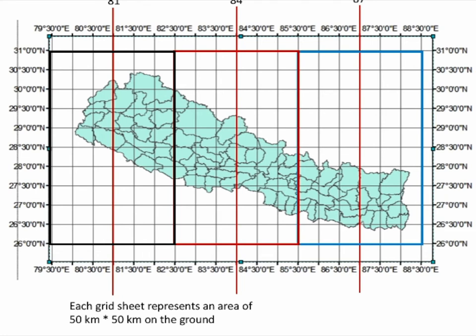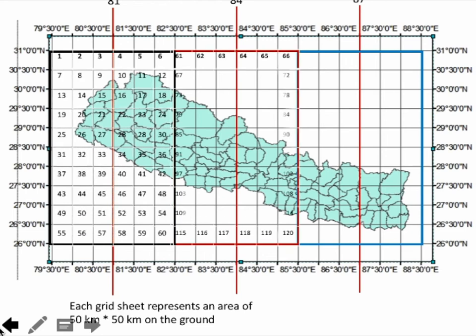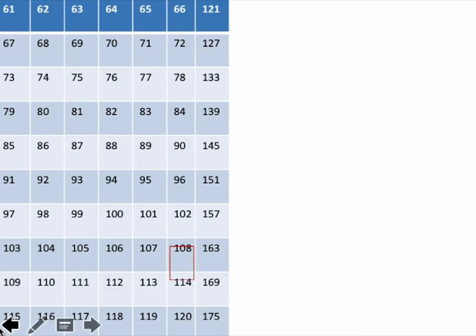With 3 central meridians 81, 84 and 87, each grid distance is 50 by 50 kilometers, or 50 this side into 50 on the ground. I take this as an example, 102.